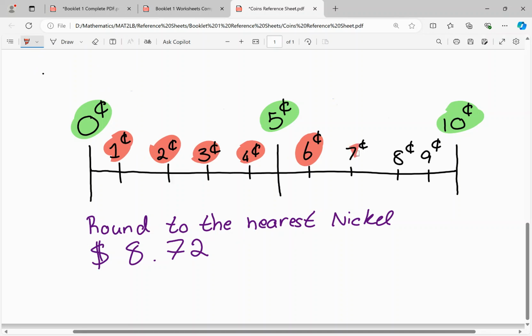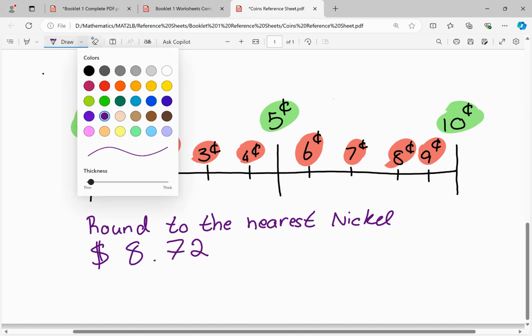So it's not allowed because I don't want to use pennies anymore. So everything that I have highlighted in red is no good. We don't want any of our costs of product to end in 1, 2, 3, 4, 6, 7, 8, or 9.